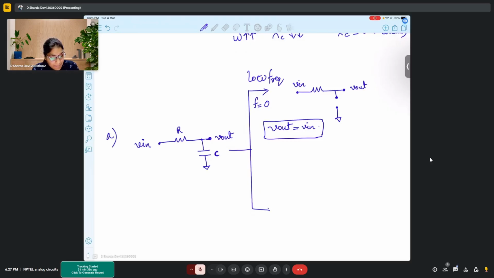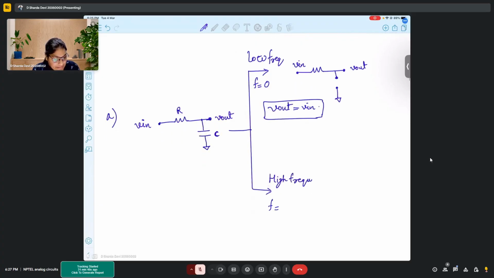Now, what will happen in the high frequency case? When we have high frequencies, that is f equal to infinite, we know that our capacitor becomes a short circuit, correct?